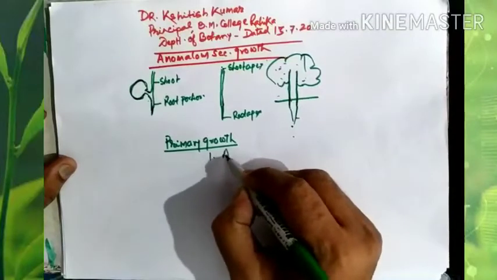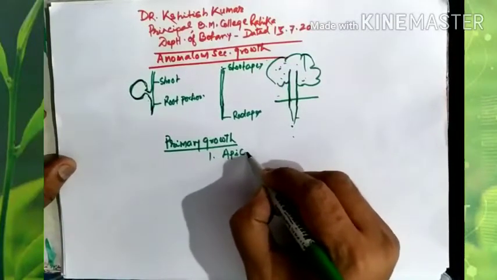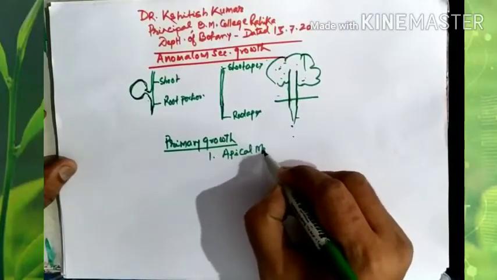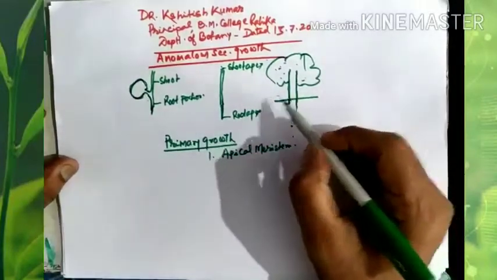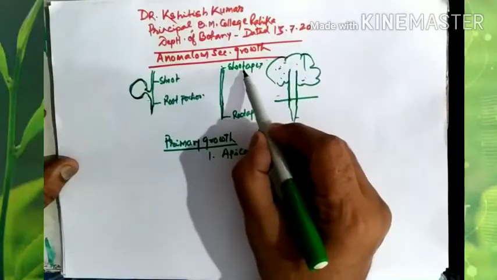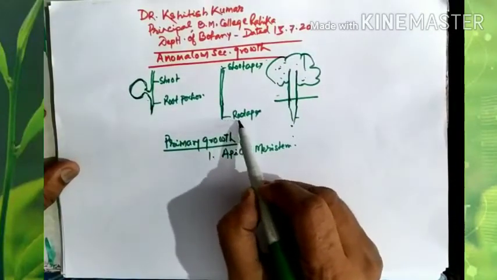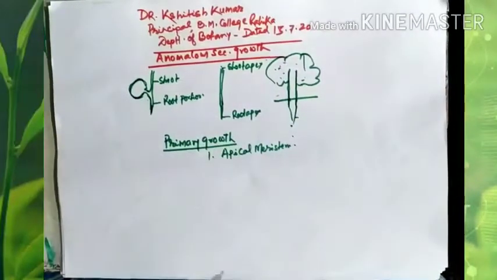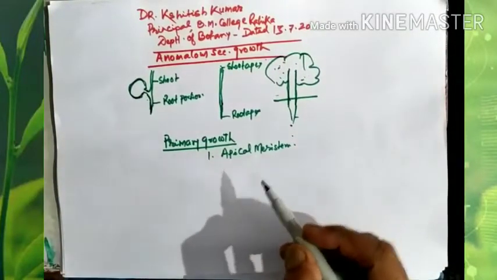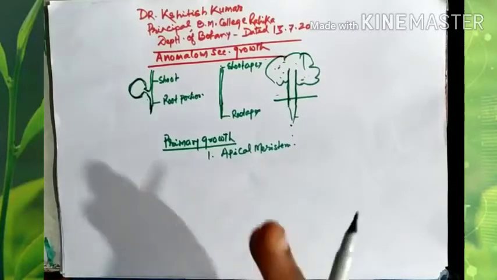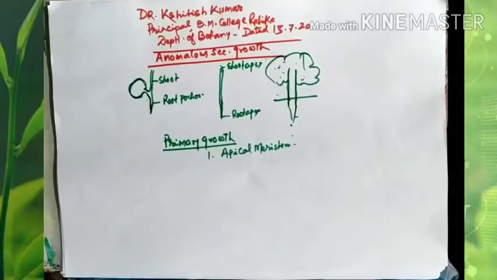One is the apical meristem, which is situated at the shoot apex and on the root apex. So, due to division and redivision of this apical meristem, the axis of the plant elongates and its length increases.